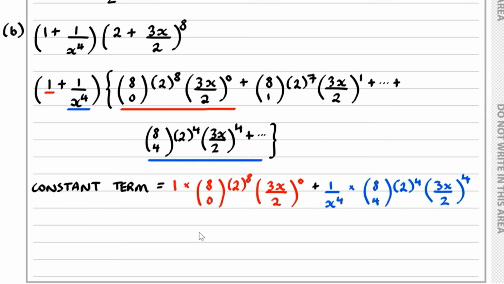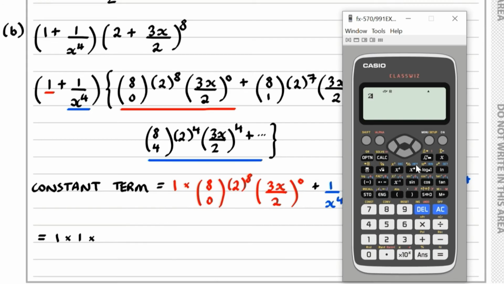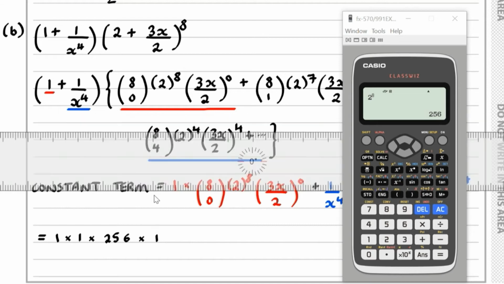Why is that the case? Well, let's just continue working all of this out. We've got 1 multiplied by 1 multiplied by 2 to the power of 8, which is 256, multiplied by 1, so that's this result here.